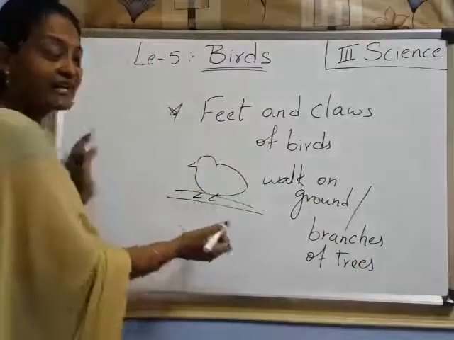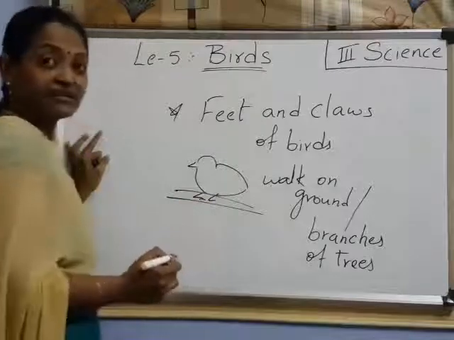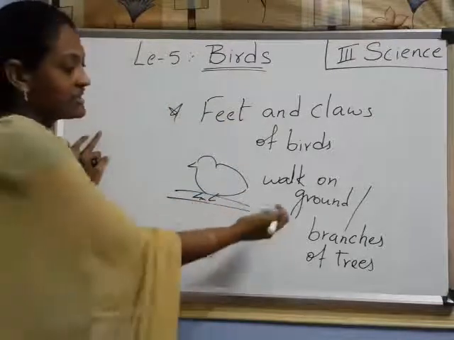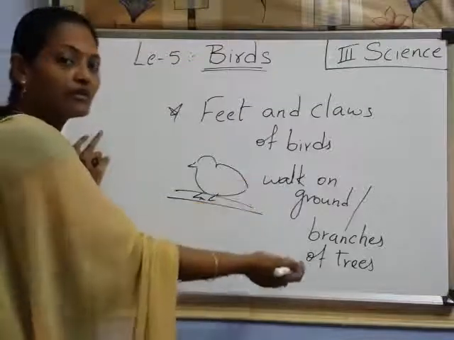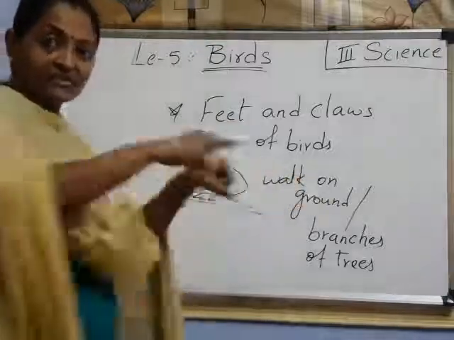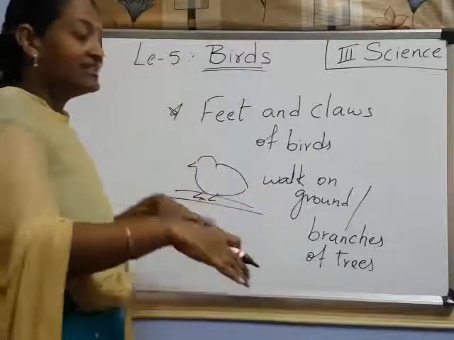So birds mainly use these feet and claws. Claws means I said nails, right? Those are used for holding branches and to walk on the ground or also on the branches of trees, and also to hold the food. Sometimes they catch the food with their feet and fly. Have you seen? Yes.